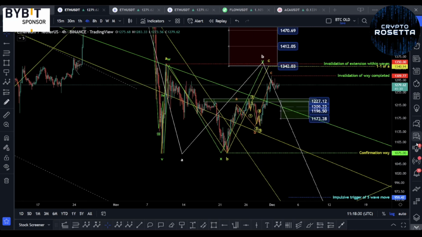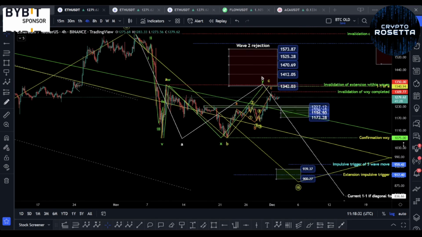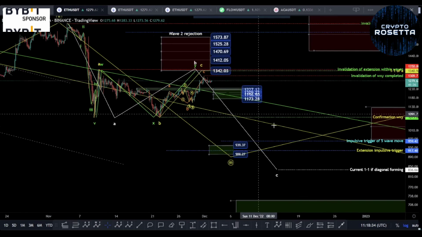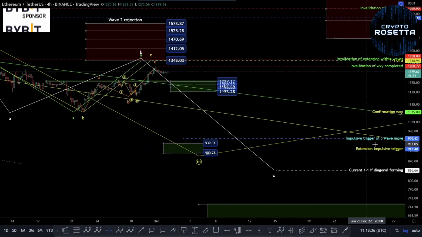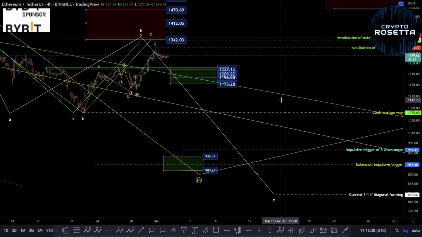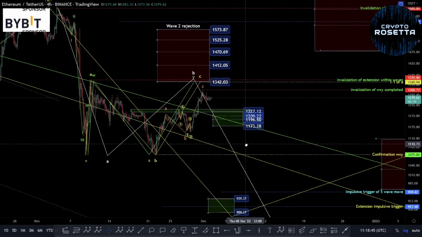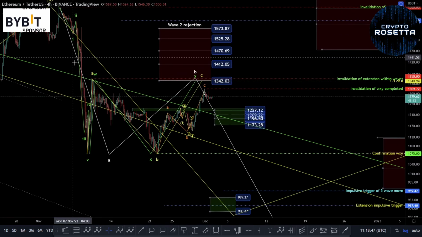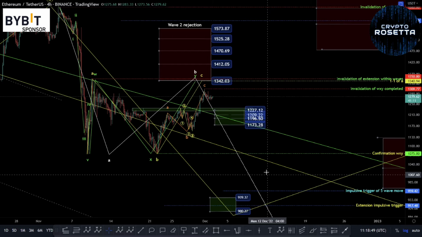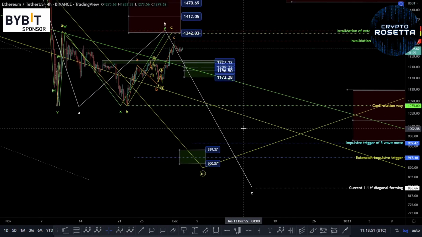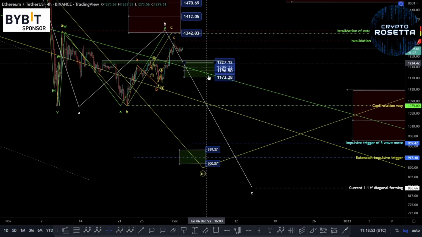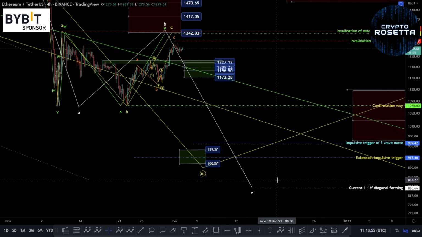But if that were to happen, then we could potentially be looking at a deeper move here into this 836 area if this plays out as just a simple ABC. However, we would need to be mindful that we could have an extension within this move, so we'd have to just check it out as it progresses and make sure that we don't move down deeper.